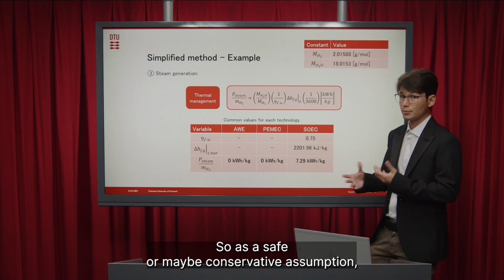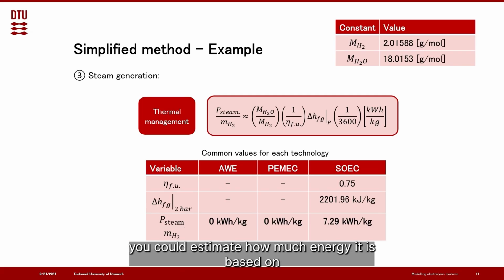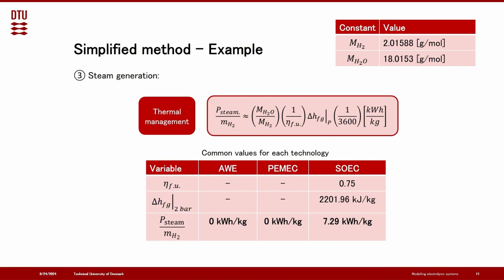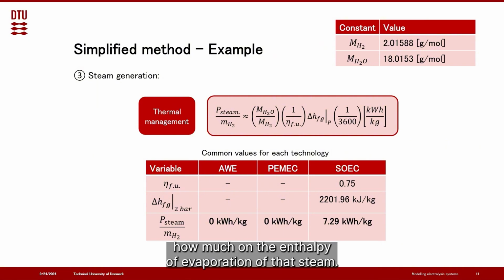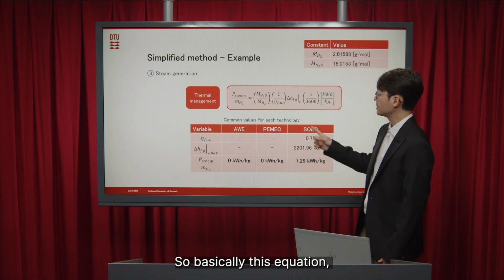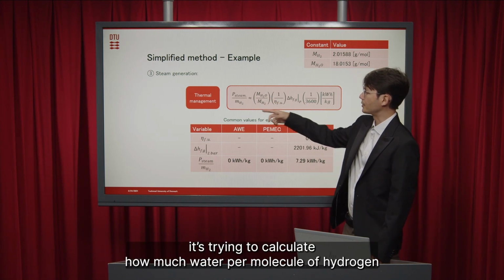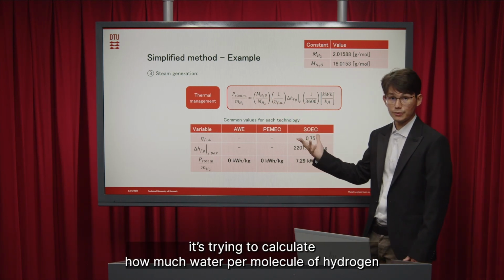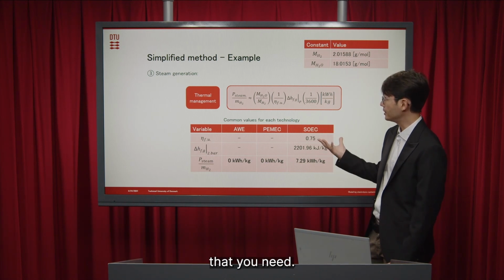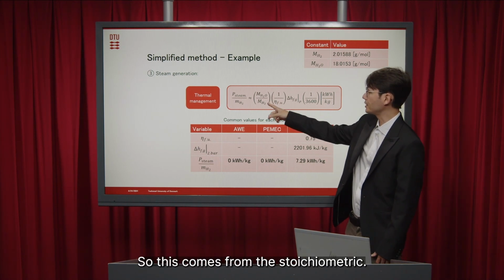So as a safe or maybe conservative assumption, you could estimate how much energy it is based on the enthalpy of evaporation of that steam. So basically, this equation is trying to calculate how much water per molecule of hydrogen you need. This comes from the stoichiometry.